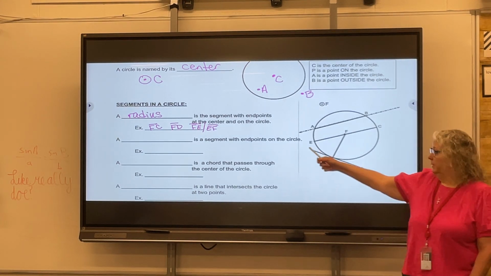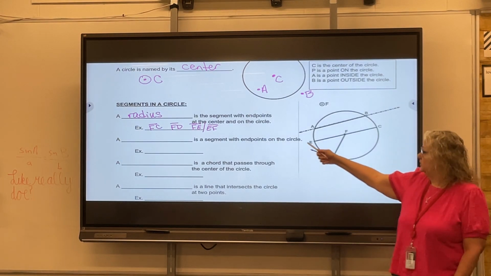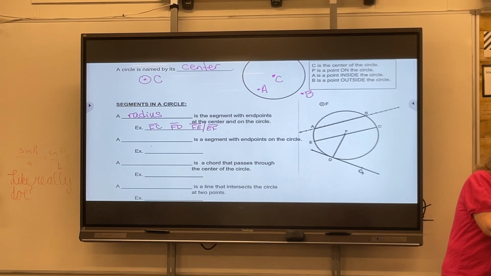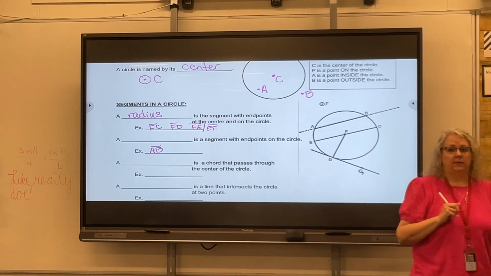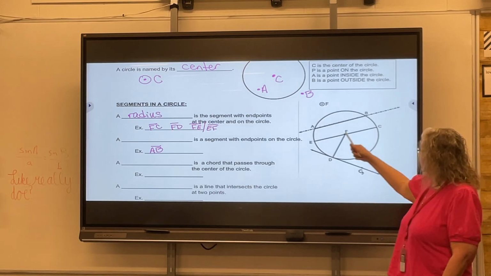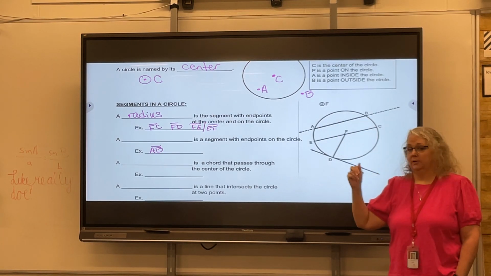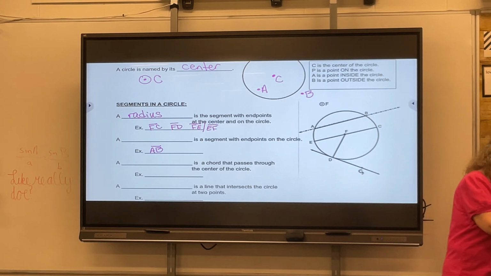If it is a segment that has endpoints on the circle, like segment, I'm going to go ahead and call this one AB, the endpoints of the segment are on the circle. Anybody know what that is called? It is called a chord.